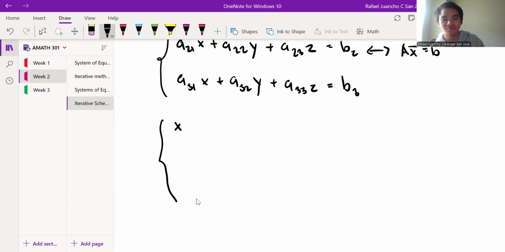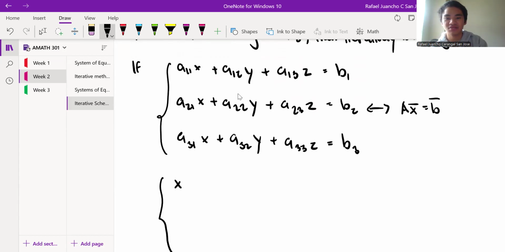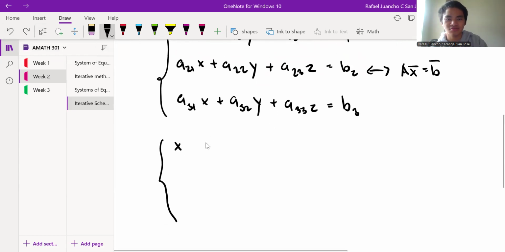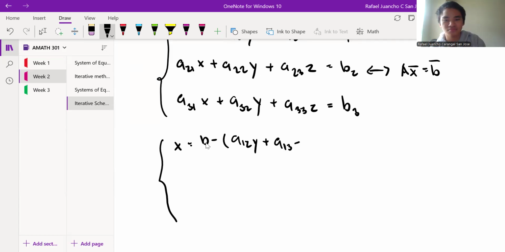So if I isolate x from this alone, I should get x equals b1, I subtract some value a12 y, and I add that to a13 z, and this is over a11, right?